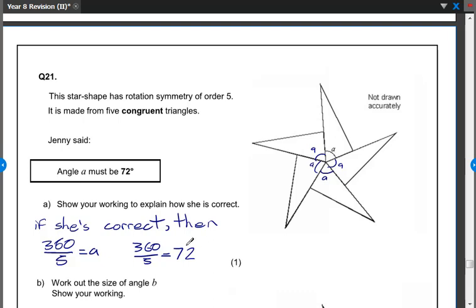Yeah, that's true. 36 divided by 5 is 7, carry 1. 10 divided by 5 is 2. So that implies it's true.